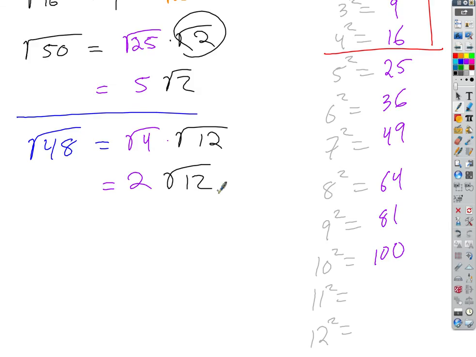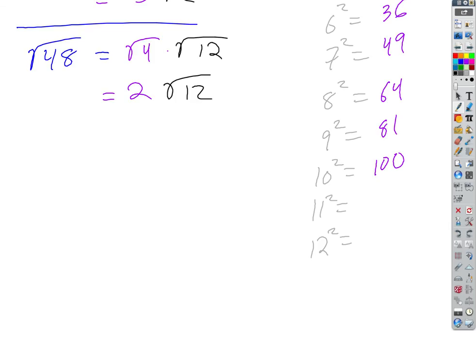But is the square root of 12 done? Is there a perfect square that divides into 12? 4 does, right? So I could go one more step. The 2 part's already done, but what about the square root of 12? We could write that as the square root of 4 times, well, 12 divided by 4 is 3.